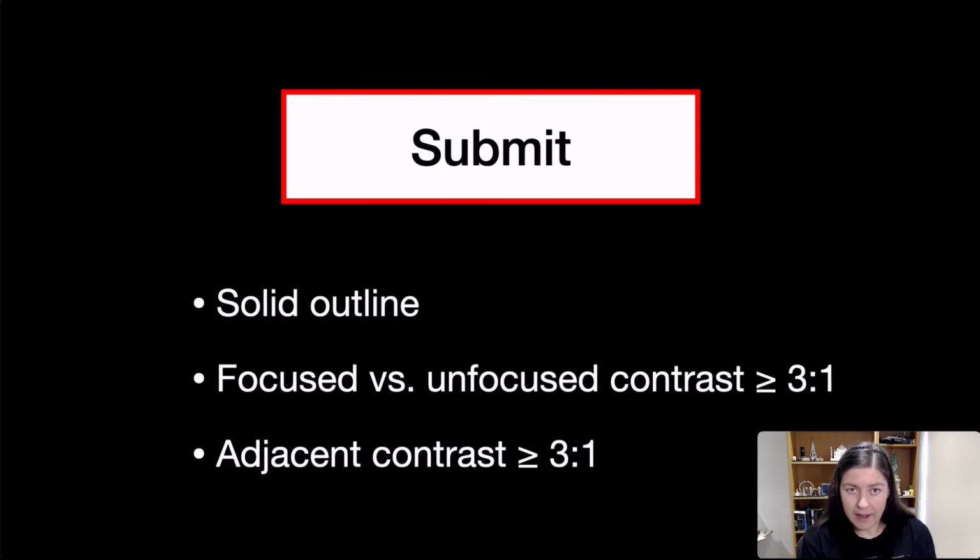So for my red outline, I need to make sure that adjacent outside, red and black, exceed a ratio of 3 to 1. And adjacent inside, red and white, the button color, also exceeds 3 to 1. And that's again about making sure that this outline has popped enough to make sure that people can see it clearly.